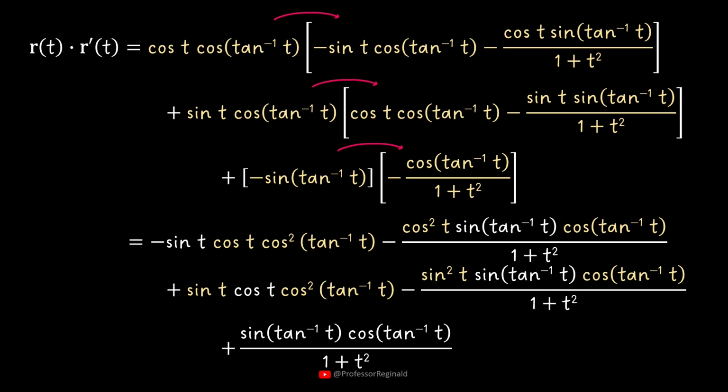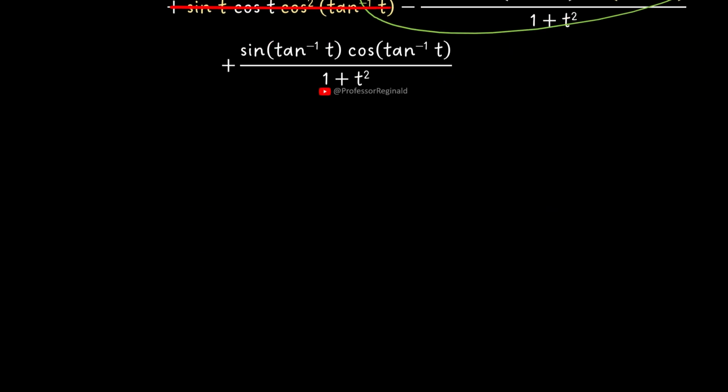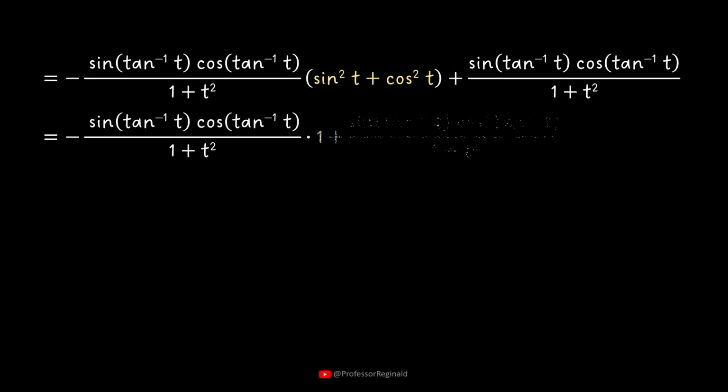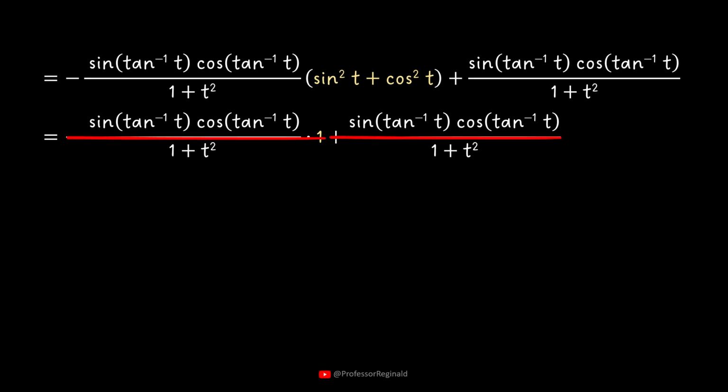Notice that we can combine these two expressions by factoring and cancel out these two expressions. Use a Pythagorean identity, which leads to the cancellation of the two remaining expressions. Hence, the dot product of the vector-valued function and its derivative is equal to 0, which means they are orthogonal.